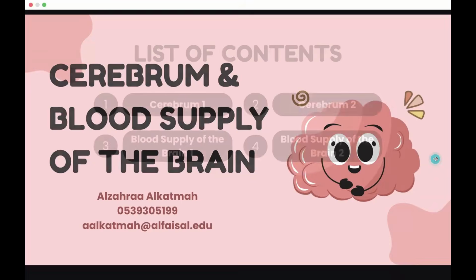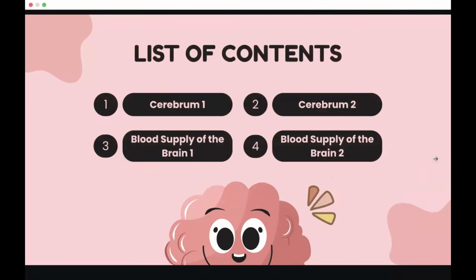All right. So these are the four lectures that we'll be covering today: Cerebrum 1, Cerebrum 2, blood supply of the brain 1, and blood supply of the brain 2. I ordered them in the best order, inshallah, and inshallah the slides help you memorize this well.